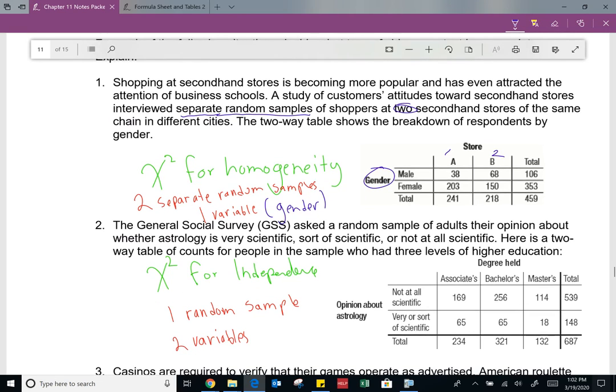If we were running a significance test for this, it would be a chi-square test for independence, because we took only a single random sample, and we are going to look to see if the 2 variables have any sort of association. The 2 variables would be degree and opinion.